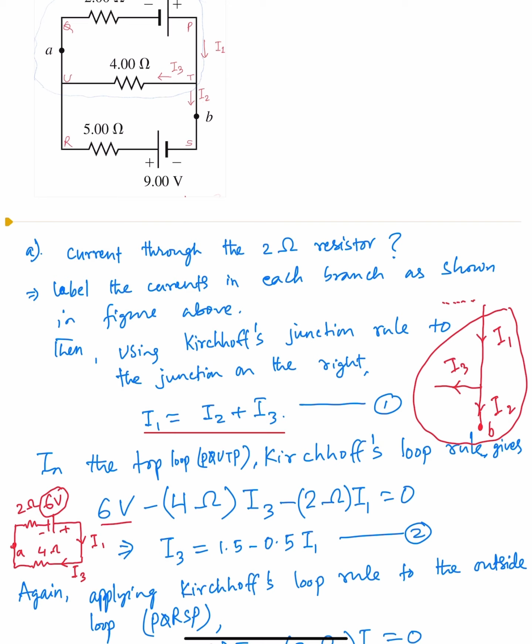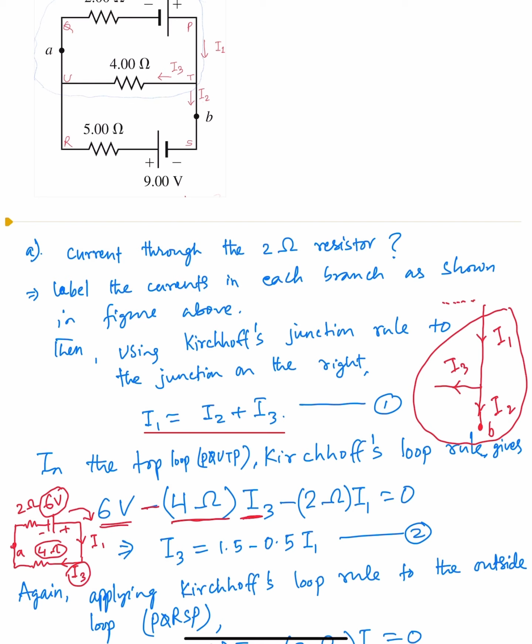You can go around like this, and the current through the 4 ohm resistance is I3. So 6 volt minus I3 times 4 ohm, the product gives you the voltage across that resistance.